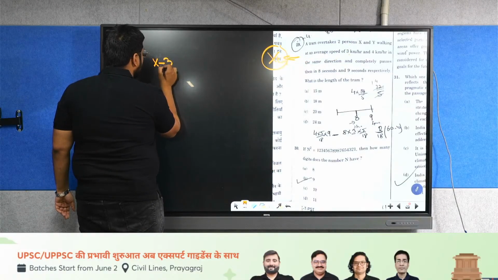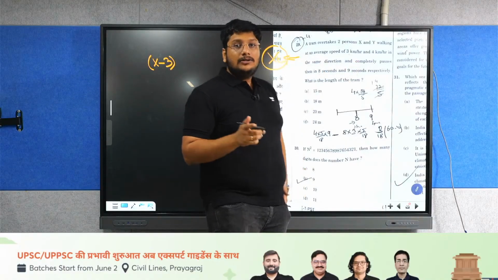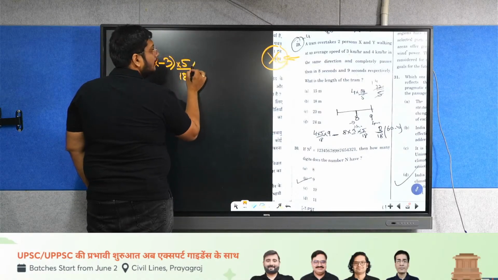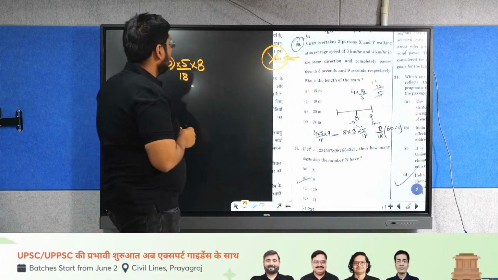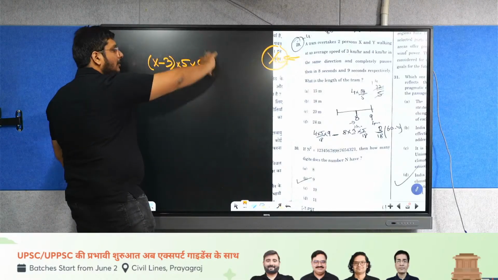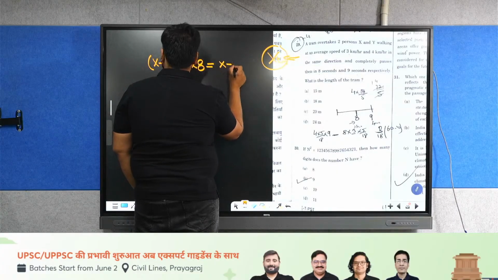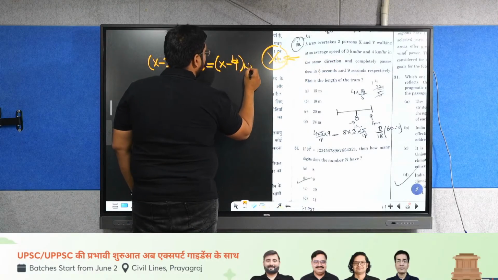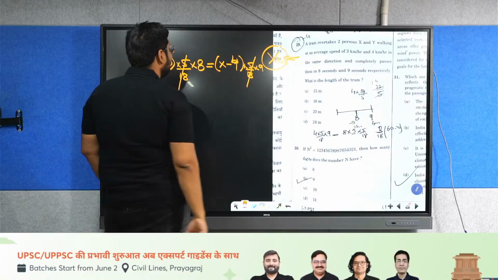X minus 3. Converting it into meters per second, why? Because time is in seconds. Meters per second is 5 by 18, into 8, which would give me the length of the tram, equal to (X minus 3) into 5 by 18 into 8, which equals (X minus 4) into 5 by 18 into 9. 5 by 18 cancelled out.